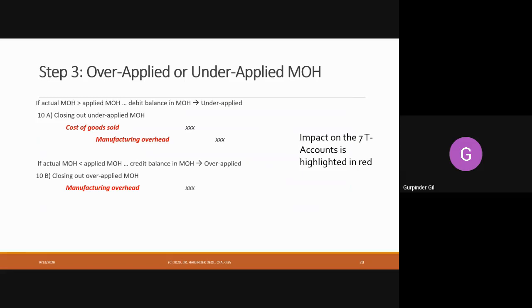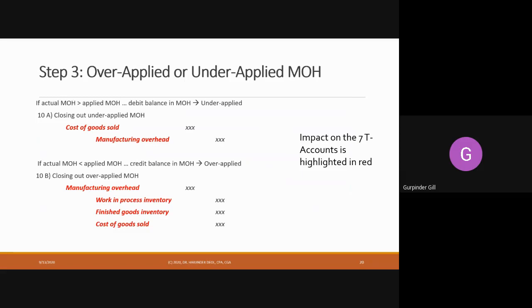Here, we will have to adjust our work in process inventory, our finished goods inventory, as well as our cost of goods sold, given how your inventory moves. So your inventory moves from work in process into finished goods, and from finished goods into cost of goods sold.